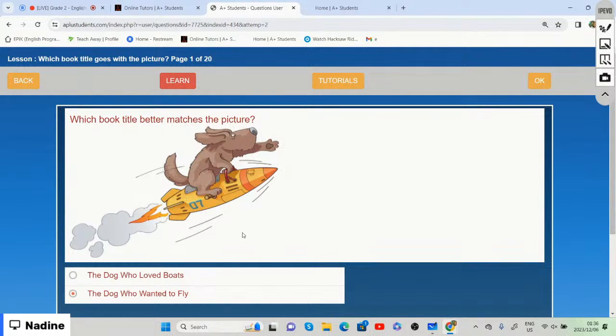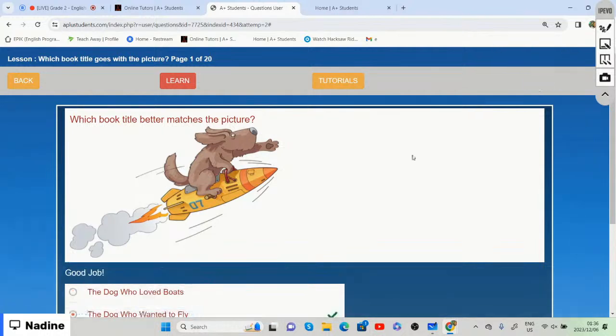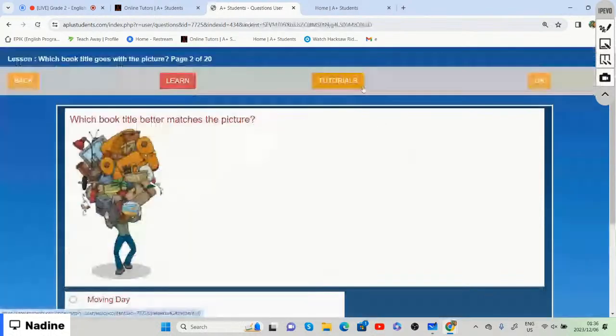And for some reason, it looks like the dog is happy, it's flying. So the dog who wanted to fly. And well done, that is correct.